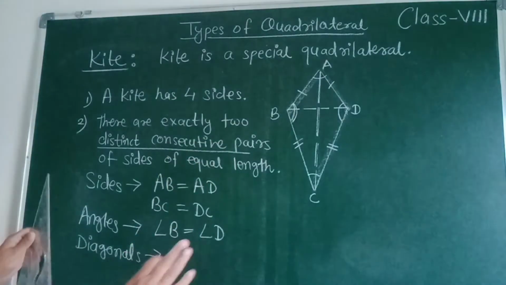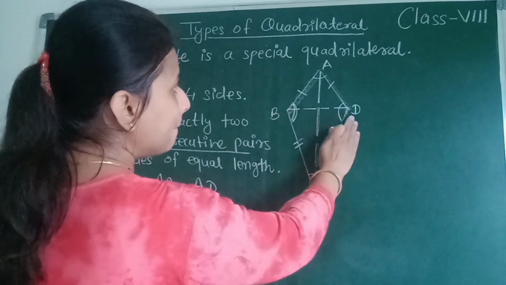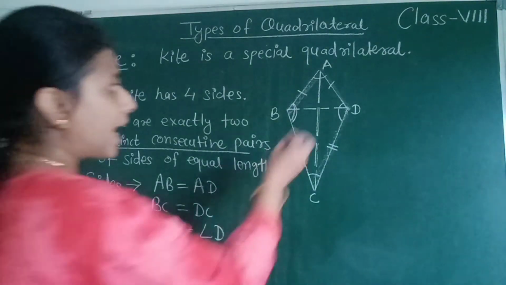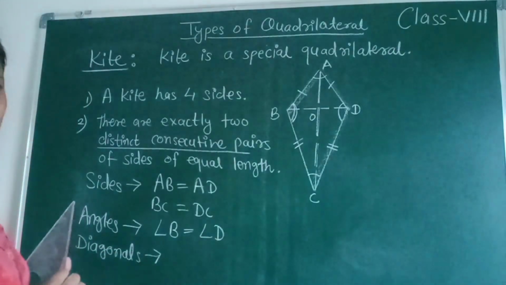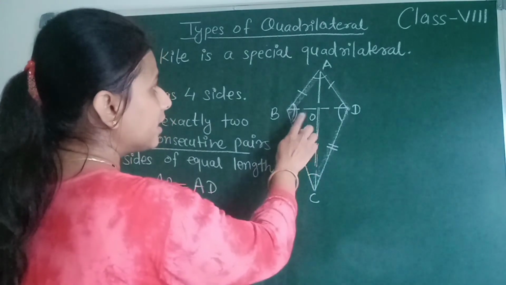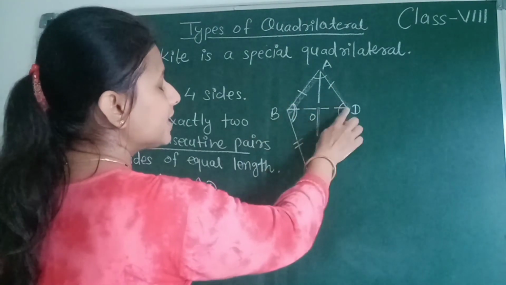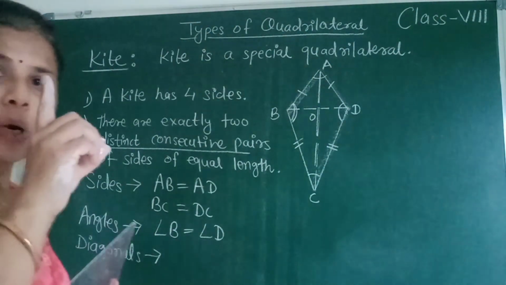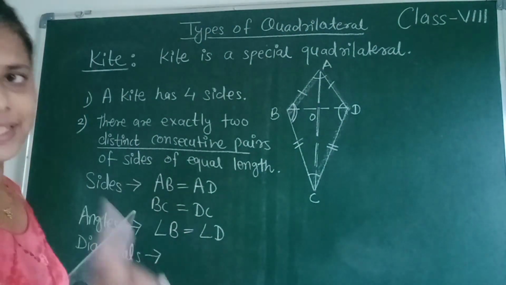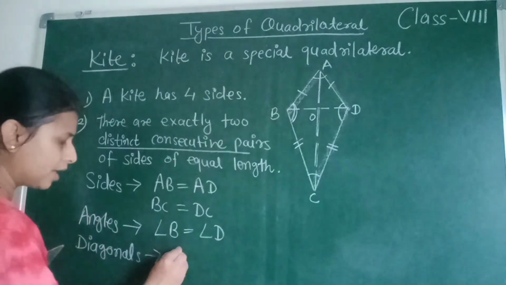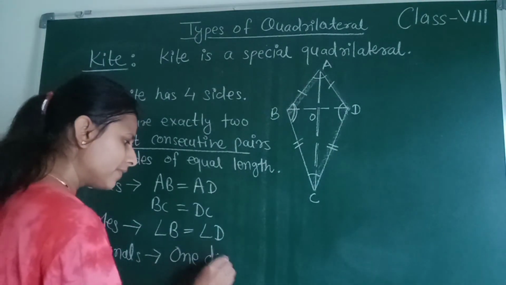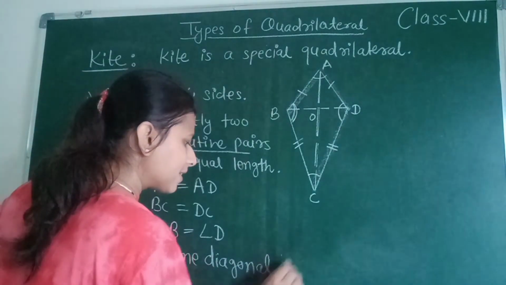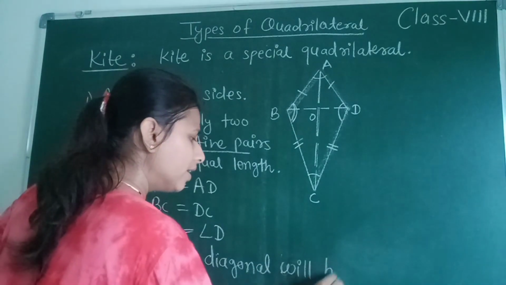As you can see here, students, this diagonal BD is smaller than this diagonal AC, and the intersection point is your O. And you can see also here, this point O is dividing this BD into two equal parts. It means only one diagonal bisects.